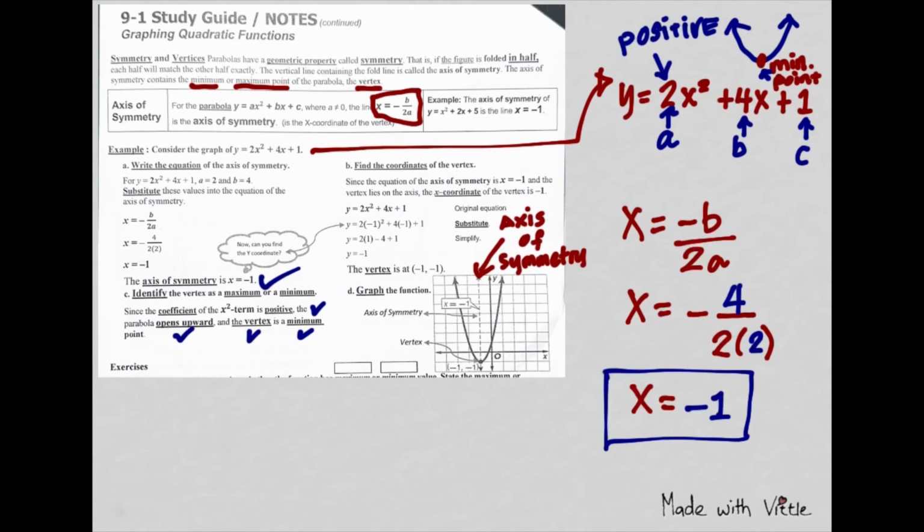Now that we have found the value of x, we can find the value of y by substituting x with negative 1 into the formula for the parabola, y equals ax squared plus bx plus c. In this case, we will use the given equation, y equals 2x squared plus 4x plus 1.